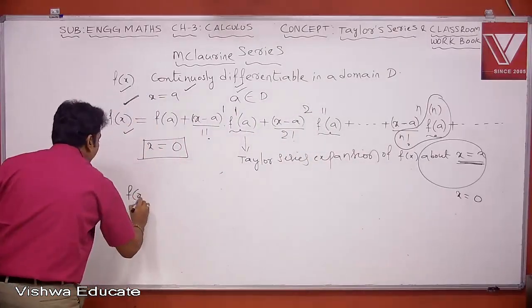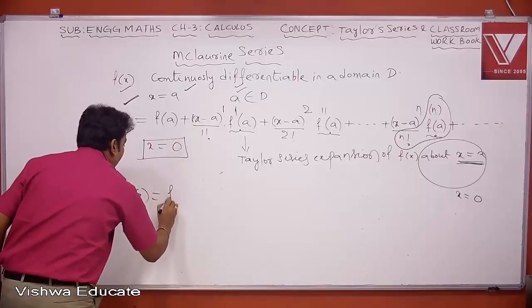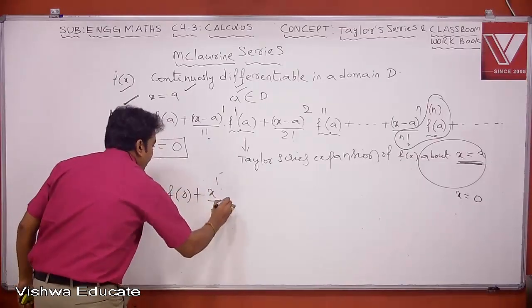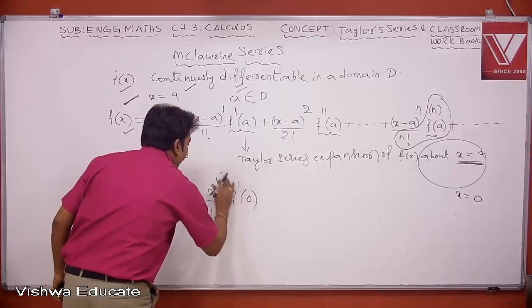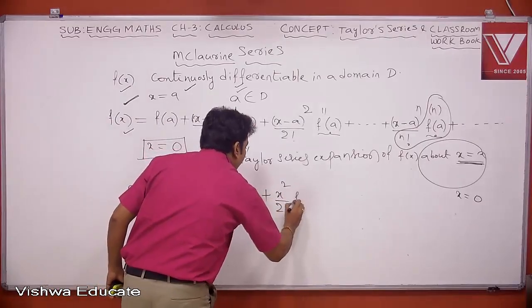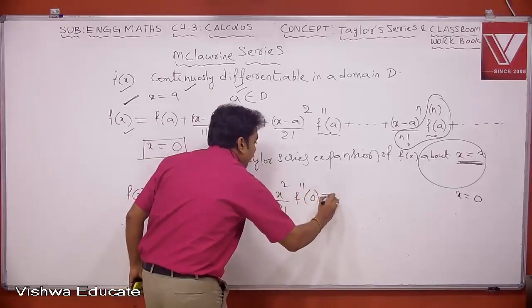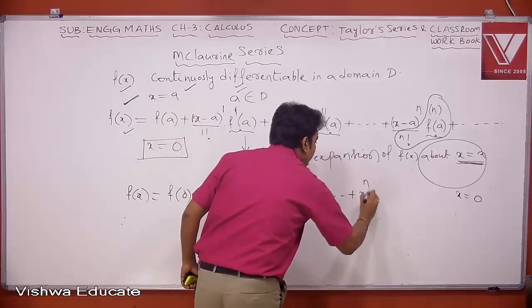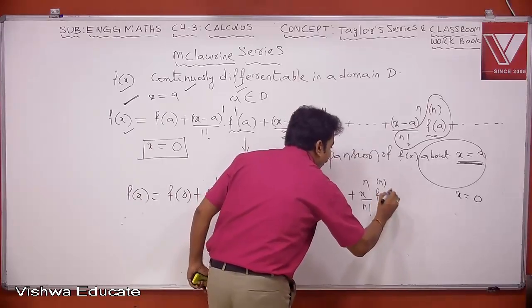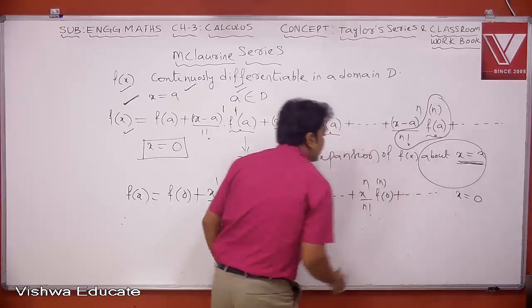f of x equal to, replace a by 0, we get f of 0 plus x power 1 by 1 factorial into f dash of 0 plus x square by 2 factorial into f double dash 0 plus and so on, plus x power n by n factorial into nth derivative of f at 0 plus and so on.